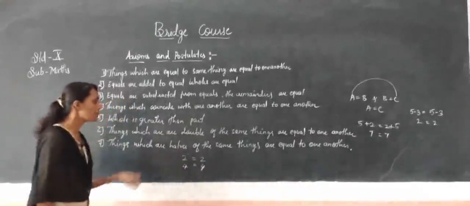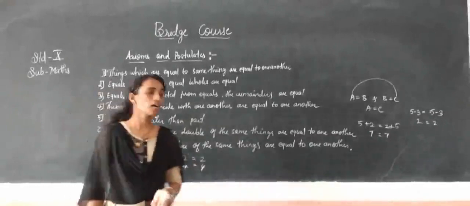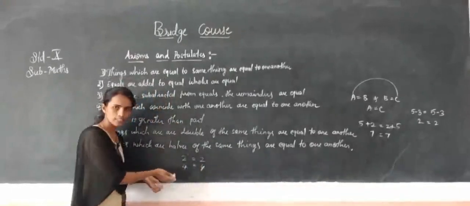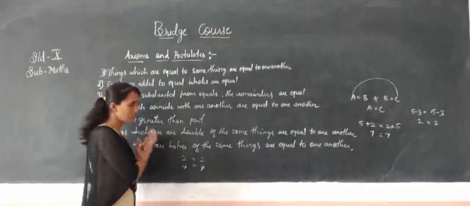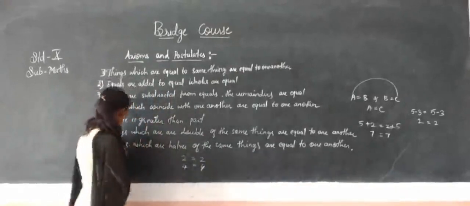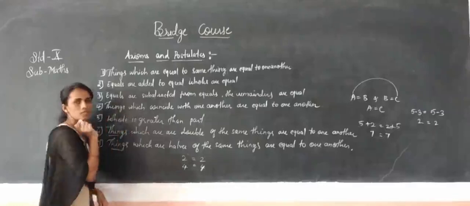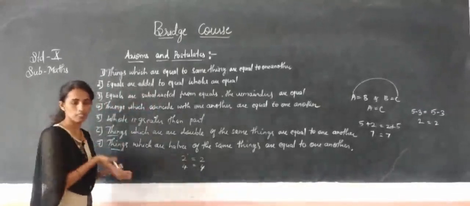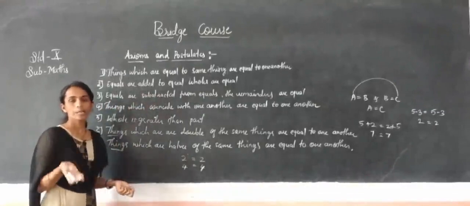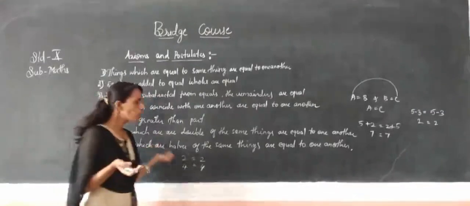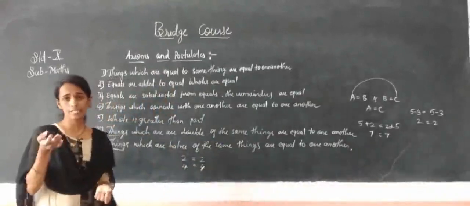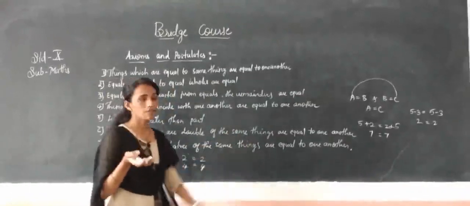Next one: things which are halves of the same things. Here I am explaining with a maths example, but this we can apply to any things, not only numbers. That's why they use the word things. So we can use these in any science branch, and also in maths, because maths is a part of science. Things which are halves of the same things are equal to one another.